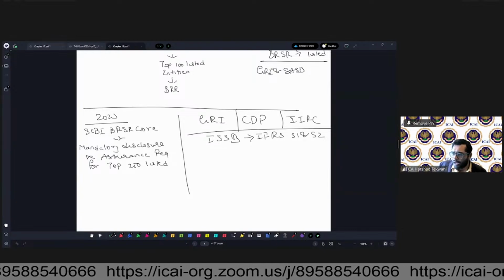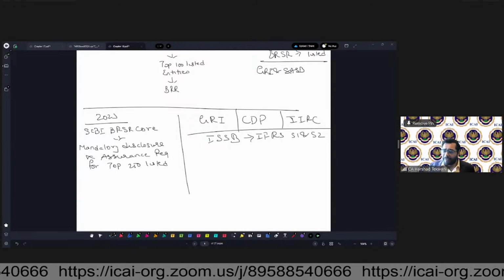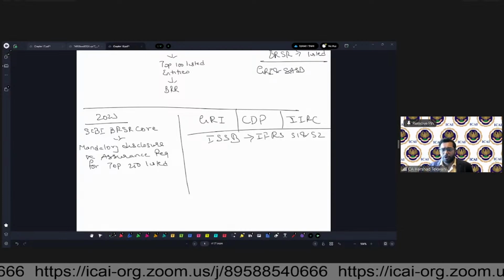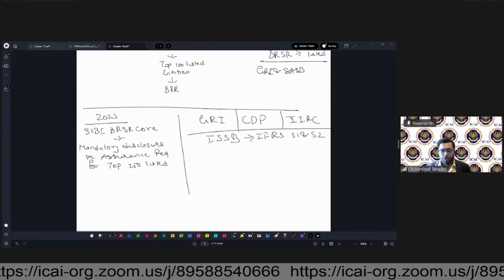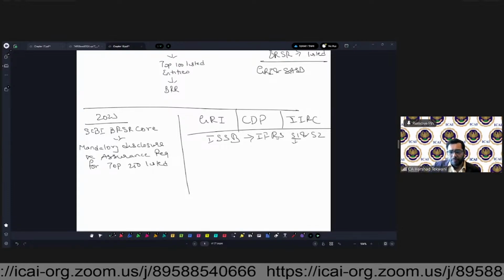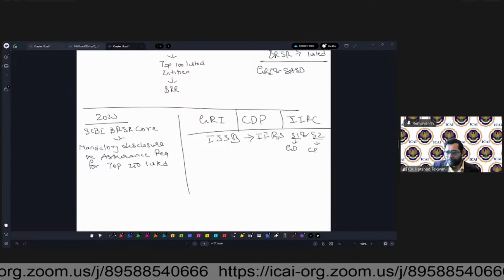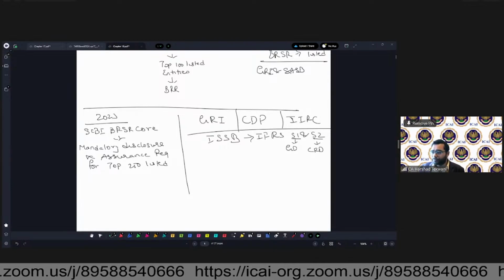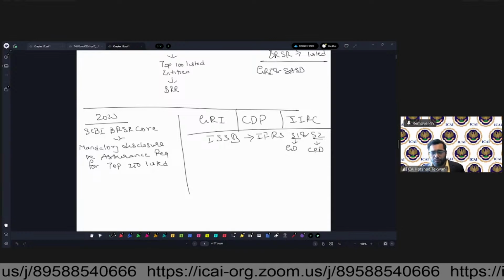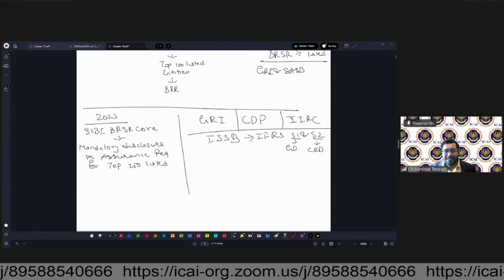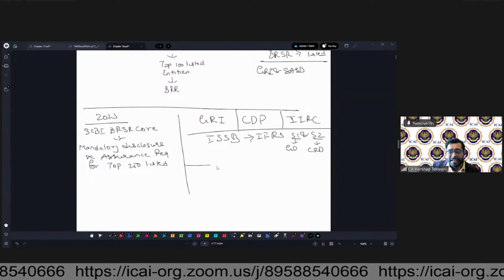IFRS S2 is a climate related disclosure, which also started from 1st Jan 2024, but is still in the phase of implementation. So S1 is a general disclosure and S2 is a climate related disclosure. This is how the international scenario is working. Also, there is another mode of reporting when it comes to ESG, known as integrated reporting.